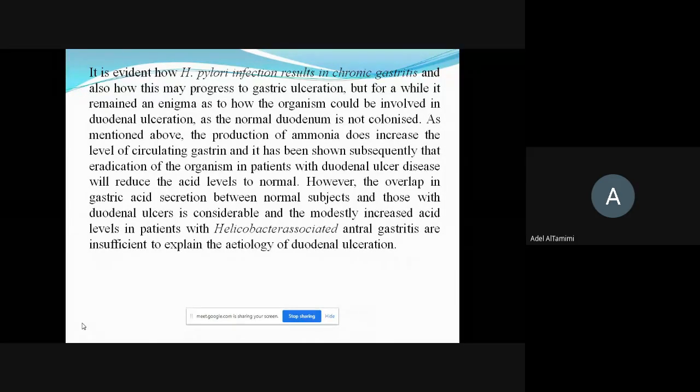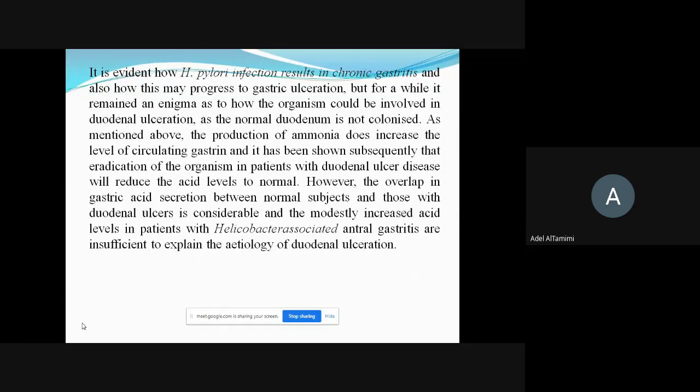But for a while it remained an enigma as to how the organism could be involved in duodenal ulceration، هذا ما كانوا فاهمين. بعدين عرفوا انه the normal duodenum cannot be colonized by the bacteria. اللي result انه excessive production of ammonia does increase the level of circulating gastrin, and it was shown subsequently that eradication of the organism in patients with duodenal ulcer disease reduces the acid level to the normal level.